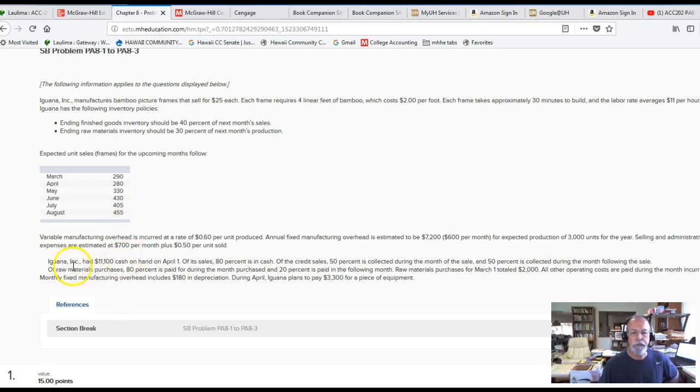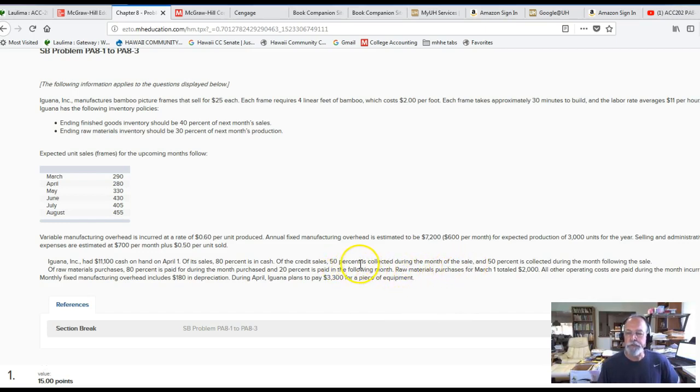But if we take a look at the last part of the problem, Iguana Inc. had $11,100 cash on hand at April 1st. Of its sales, 80% is in cash, which means 20% is on credit. 50% is collected during the month of the sale.